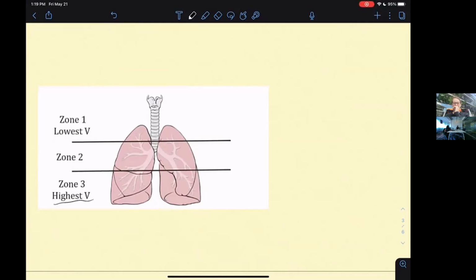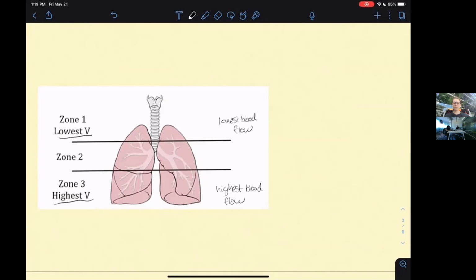The reason is that if you're sitting upright, gravity pushes your air down to the bottom of your lungs, so the bottom of your lungs has the highest ventilation, and going upwards, you have the lowest ventilation in zone 1. In terms of highest blood flow, for a similar reason, zone 3 has the highest blood flow. Gravity pushes the blood down into the base of your lungs, whereas zone 1 has the lowest blood flow.